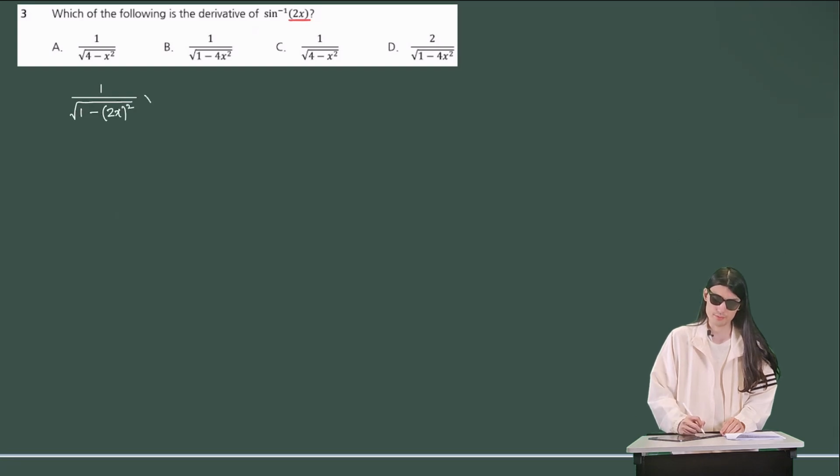But of course, if this thing that I just circled is a function of x, we need to multiply by the derivative of that, according to the chain rule. So here, the derivative of 2x, we multiply by 2. And if you do the algebra, D is then your derivative.